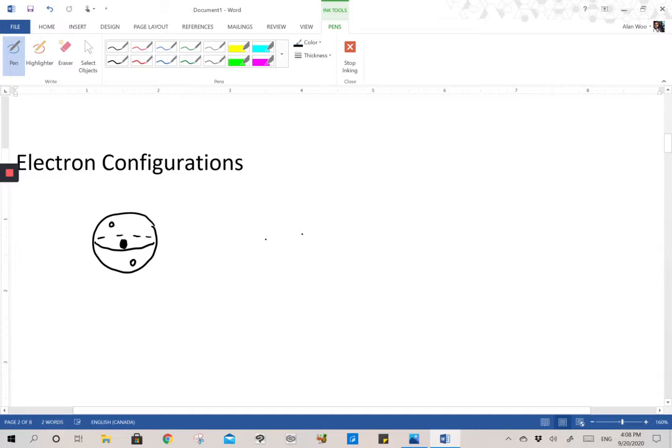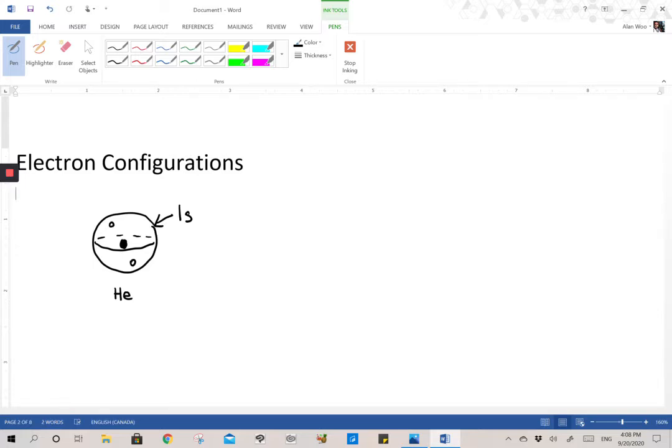If that is my quantum model of an atom, hopefully at this point you'll recognize that this is helium. You should know it's helium because it only has 2 electrons, and those 2 electrons are in a 1s orbital. An s orbital is a sphere-shaped orbital.